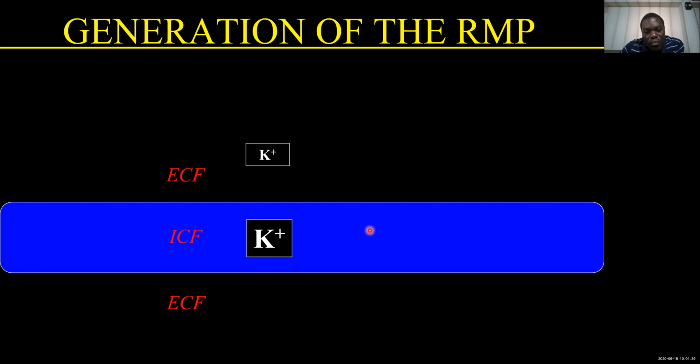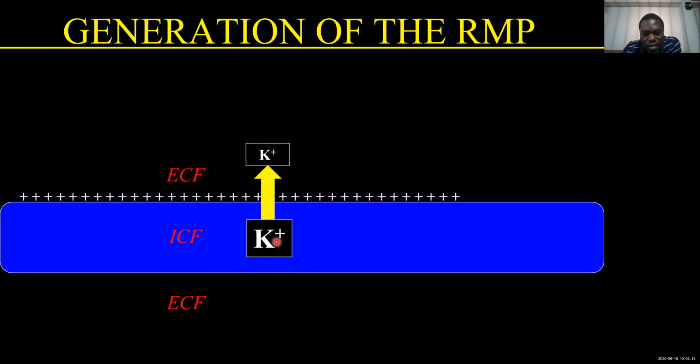if potassium moves out of the cell, which means if we have potassium efflux, what does that mean in terms of the membrane charges? It means that potassium will be carrying positively charged ions out of the cell. I want you to grasp that. As potassium moves outwards, it will carry with it positive charges out.